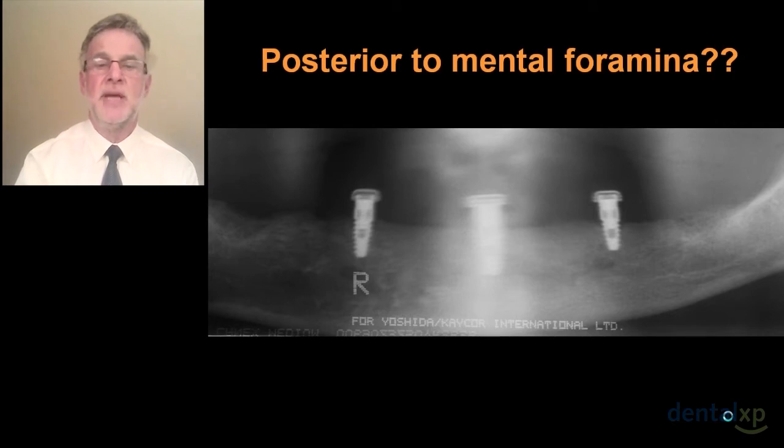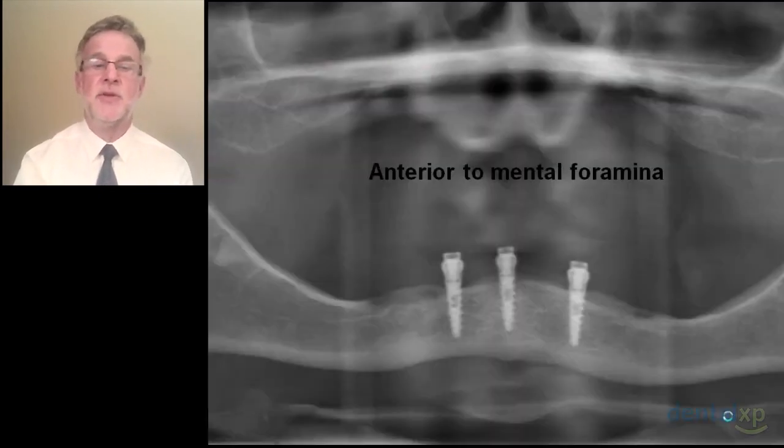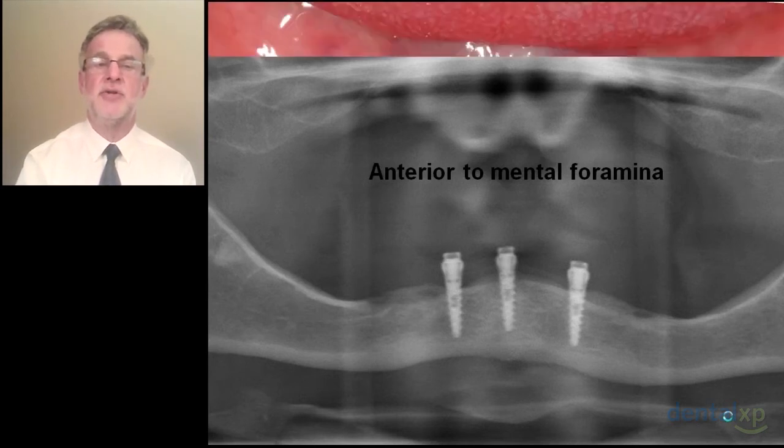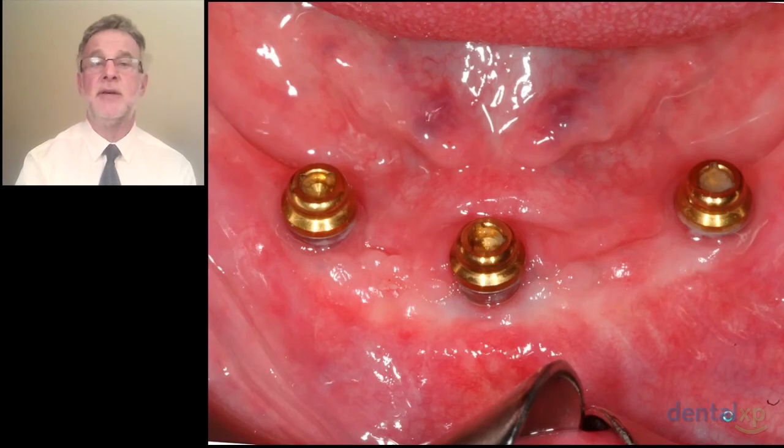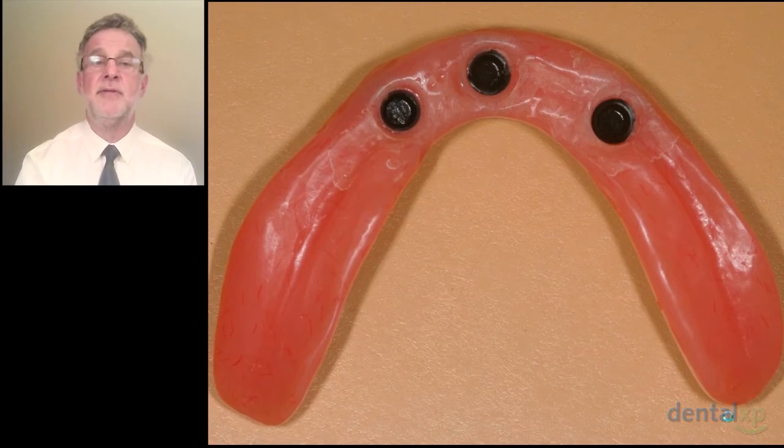But in a case like this, we don't have a choice, as in many cases where there's just not enough bone over the inferior alveolar nerve when you go distal to the mental foramen. So most of our cases end up being more the anterior distribution. And frankly, these patients who are coming from a complete lower denture, often for many years, really appreciate the improvement.